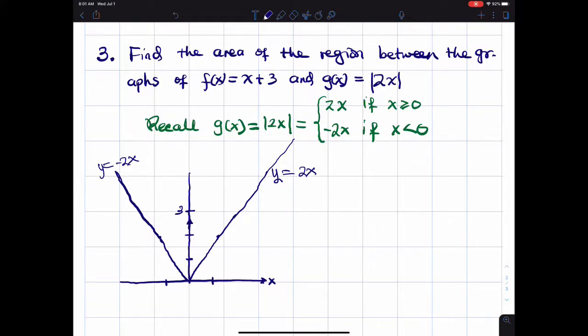So we have to go like this. All right, so this is y equals x plus 3. This is our f of x.